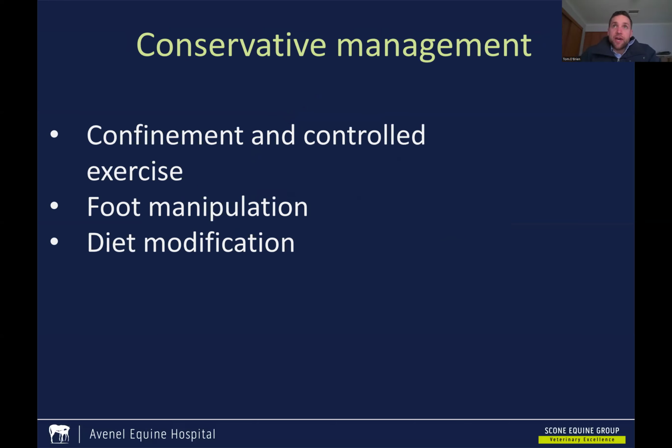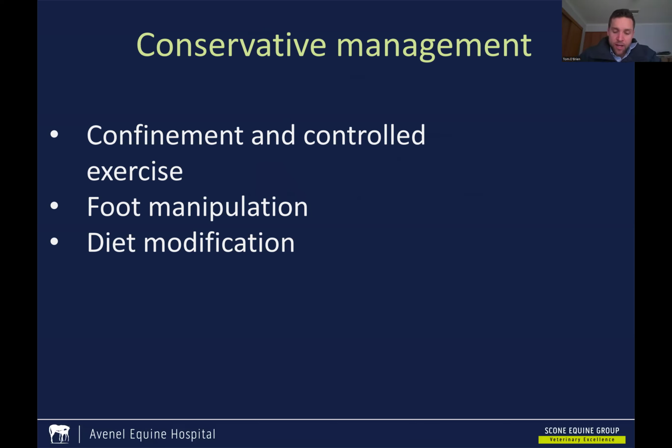When we think about conservative management of an angular limb deformity in a foal, there are a few things which are important. Confinement and controlled exercise is really important. If we have a foal with an angular limb deformity of, let's say, moderate severity, so it's easily recognizable, and we let that foal go out in a big pasture or a big paddock, the problem is that increased exercise through an already abnormal deviation tends to make it worse.